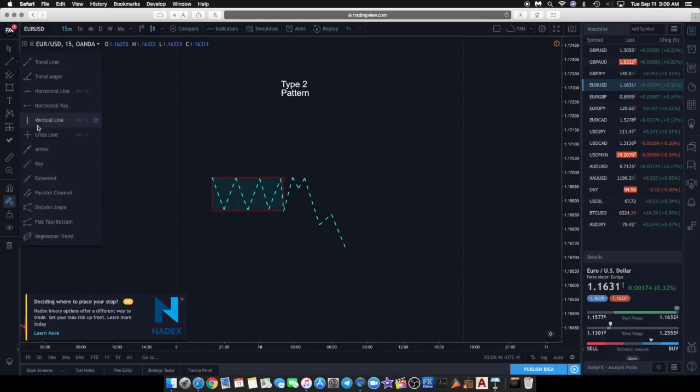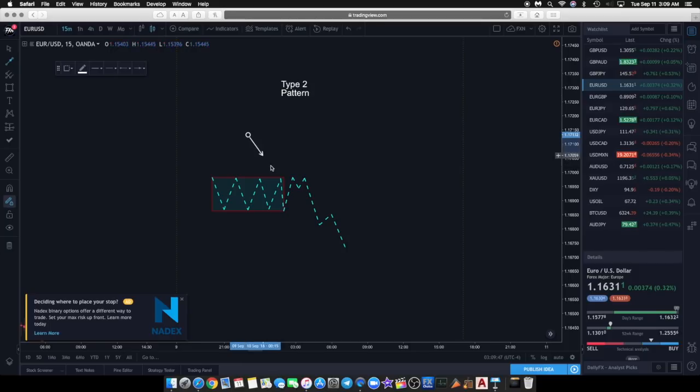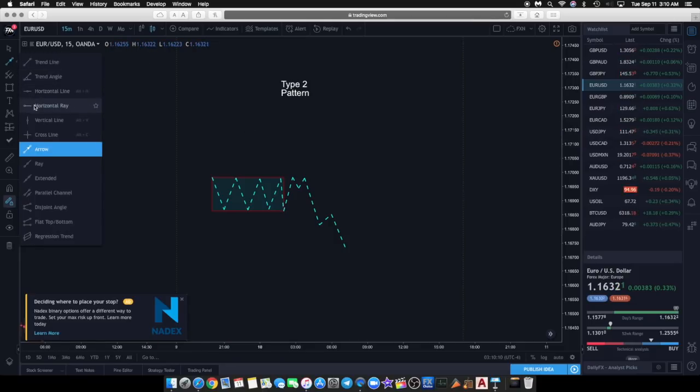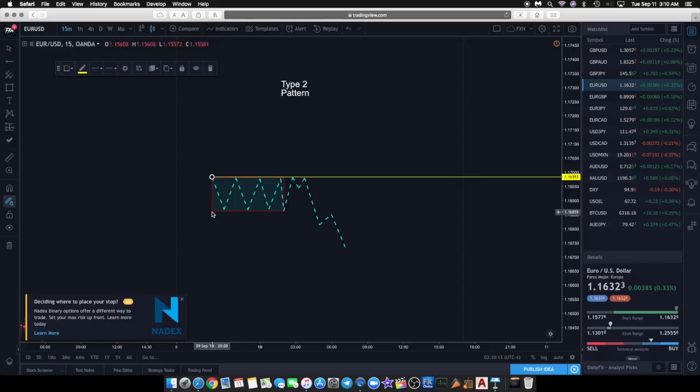Okay, again, this is what makes it a type 2 pattern: it creates the M at the Asian range high. So it's going to make it at the Asian range high or the Asian range low. Okay, so as long as it does that, that would be a type 2 pattern. Okay, so Asian range low or high. If it makes the M and at the higher low, that would be a type 2 pattern.